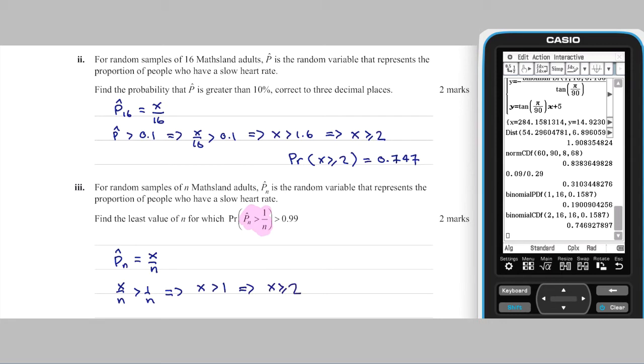So we have a discrete random variable x, modeled by a binomial distribution with sample size n and probability 0.1587, and we are interested in the probability that x is greater than or equal to 2 being greater than 0.99. Once again, this is a binomial cumulative calculation.